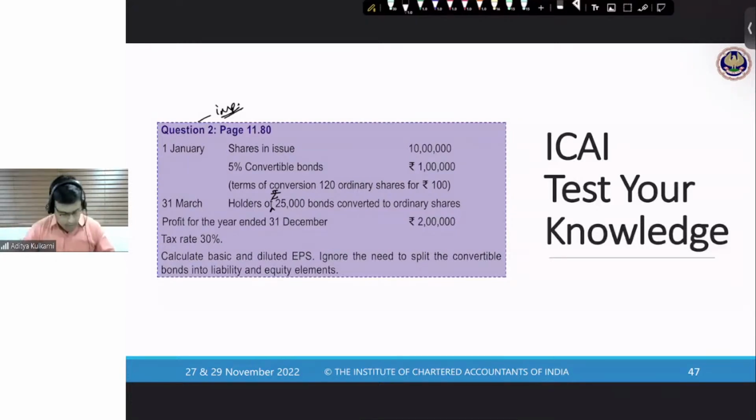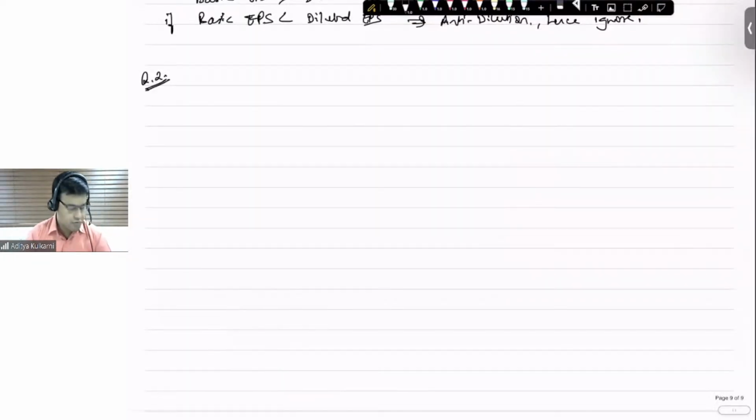Okay, all right. So we are getting different answers for diluted. Basic, more or less everybody got it right. So let us start to solve. First things first, we are having convertible bonds.